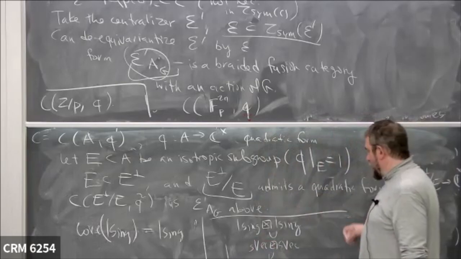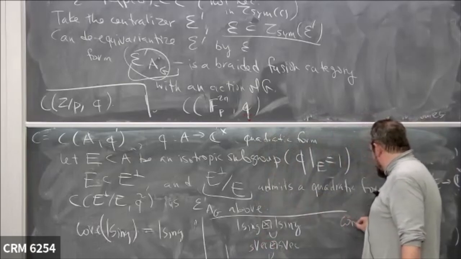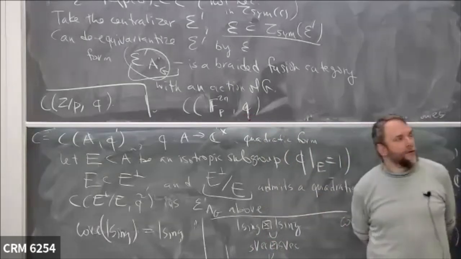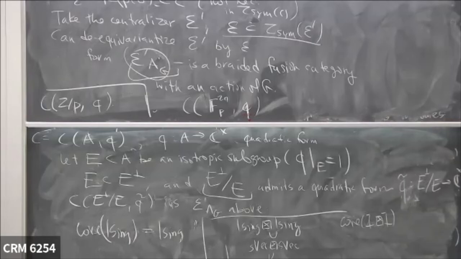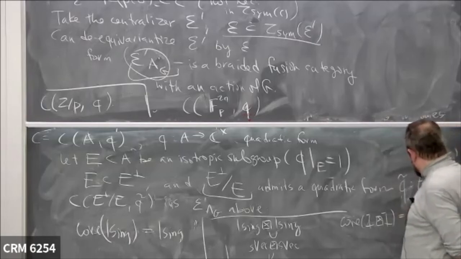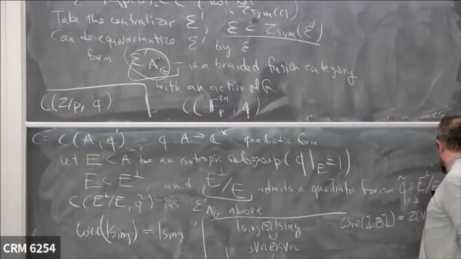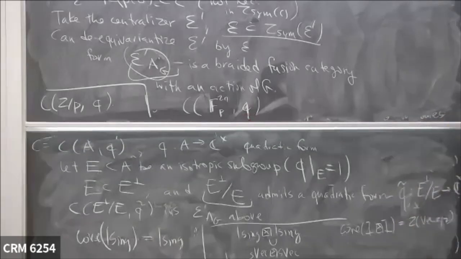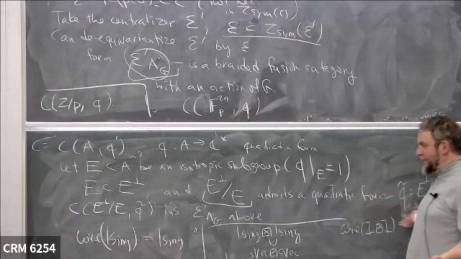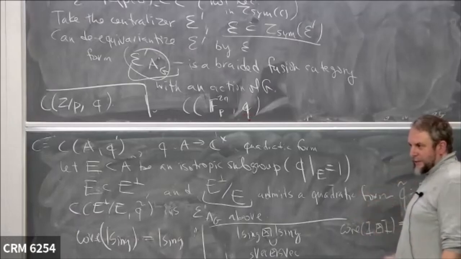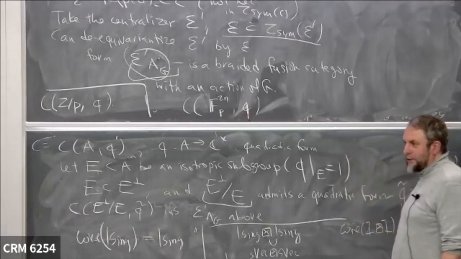And the core of this Ising tensor Ising, what would that be? I think it will be a pointed category, something like the center of Vec Z2. And then if you do this again, if you take the second core, you get the category of vector spaces. Which shows you that Ising is really built from groups, despite the fact that there is an object of dimension square root of 2.